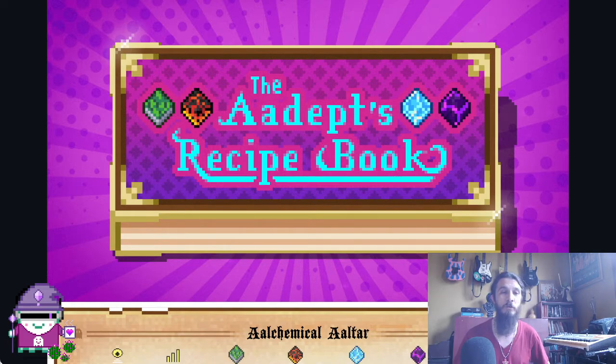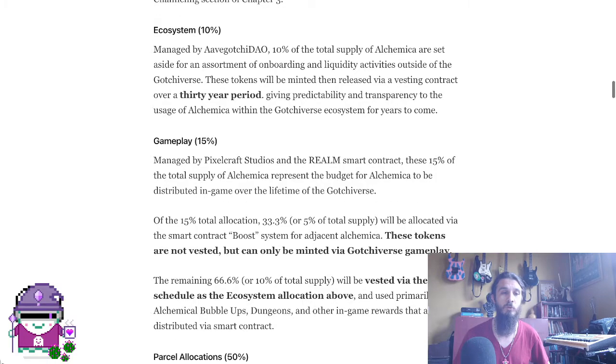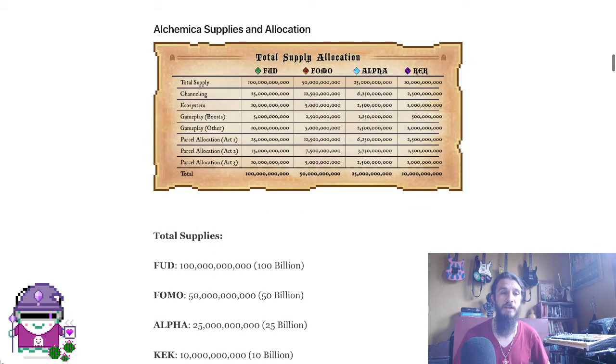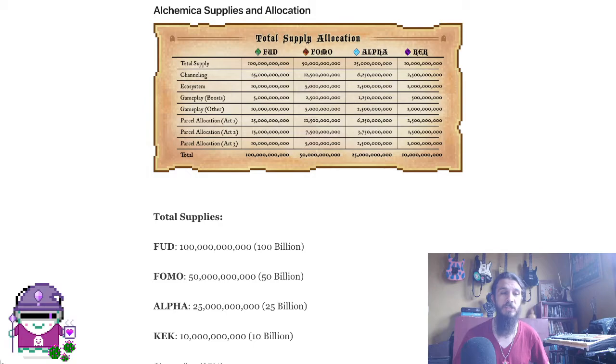Like I said, don't forget to go back and read Chapter 2 to understand these alchemical supply allocations and understand where the money comes from, where it's going, and all of these things. In these last videos, we've been talking about the money that comes out for channeling, the money for the ecosystem for the GAX, and then we've also talked about gameplay. So come back and check this out on Chapter 2.